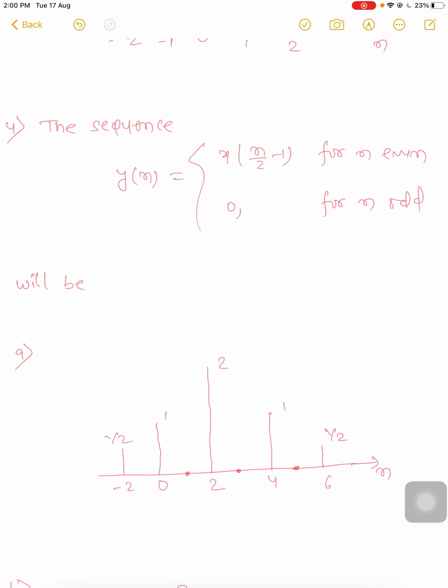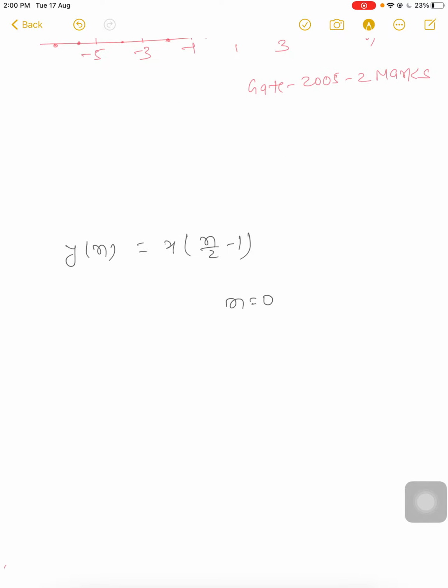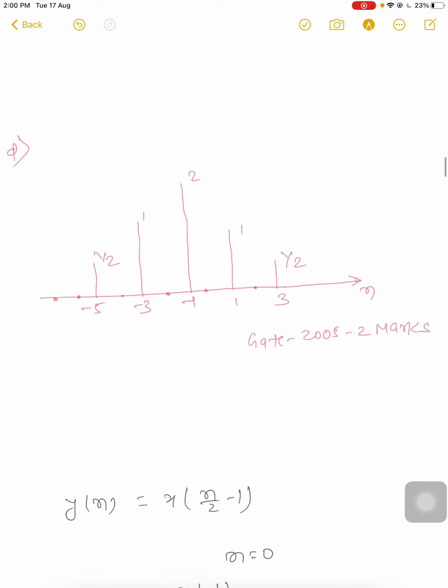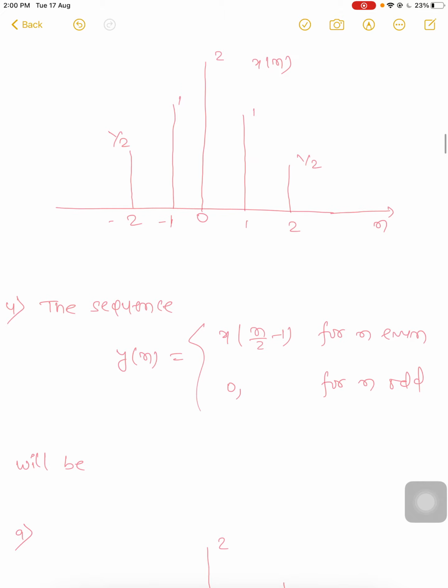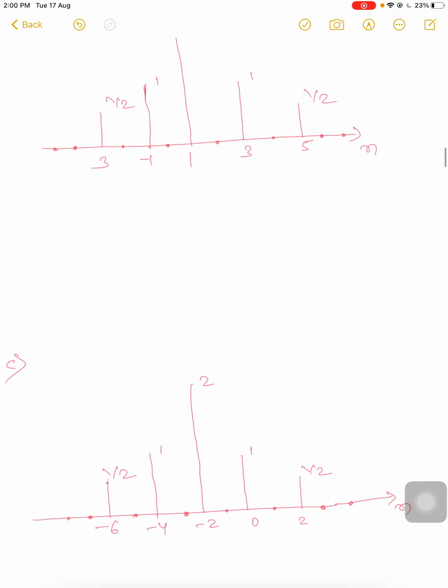Take n as even, so start from an even value. Then y[n] is x[n/2 - 1], and we have to take only even values. Take n = 0, an even value, then y[0] is x[-1], and we know that x[-1] is defined here.